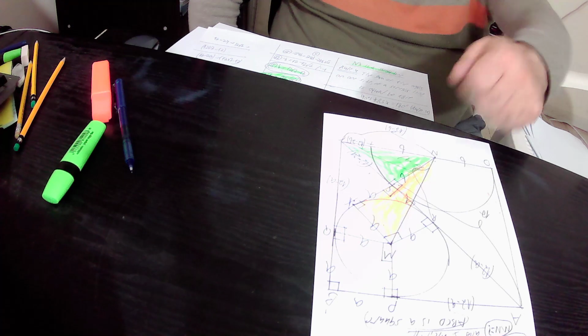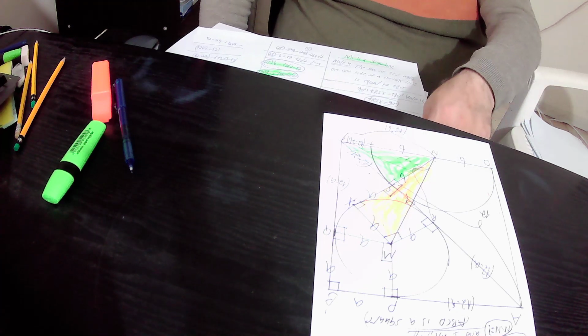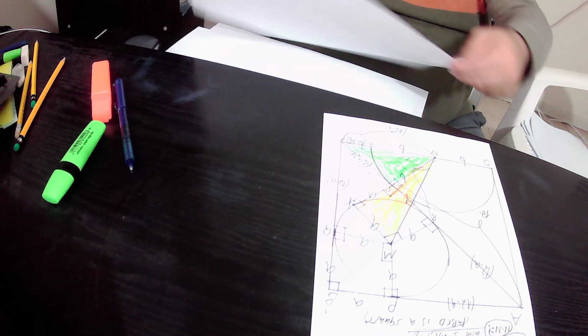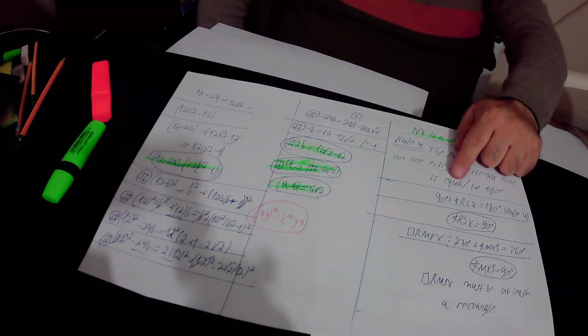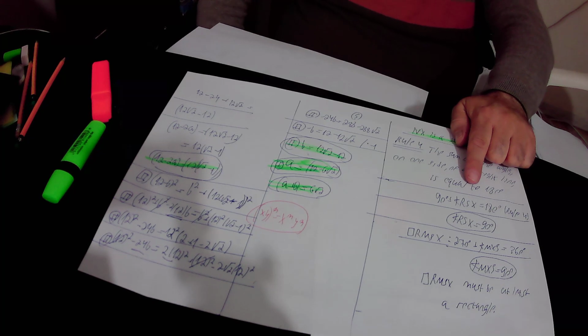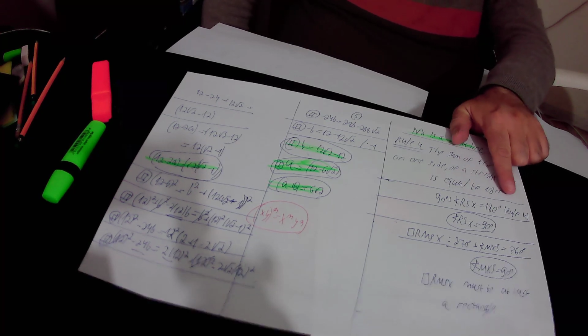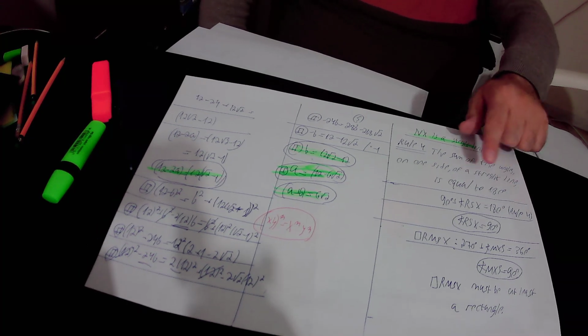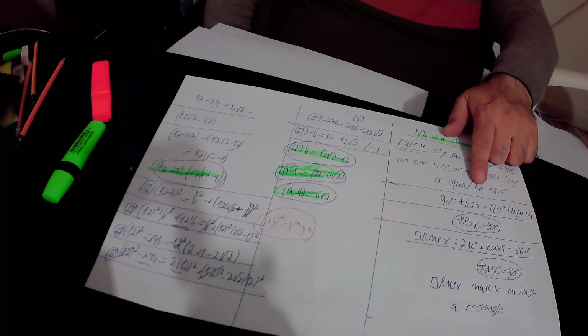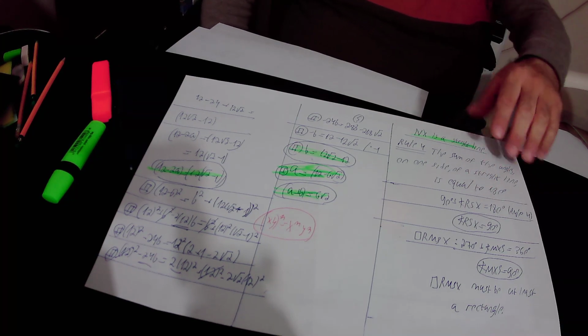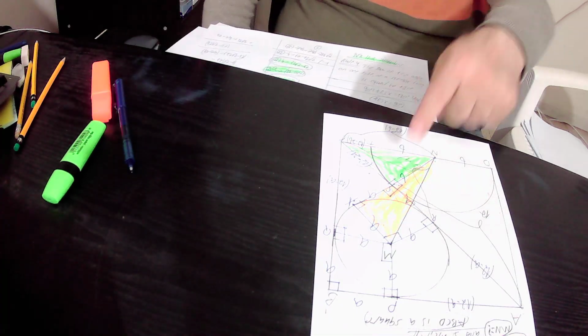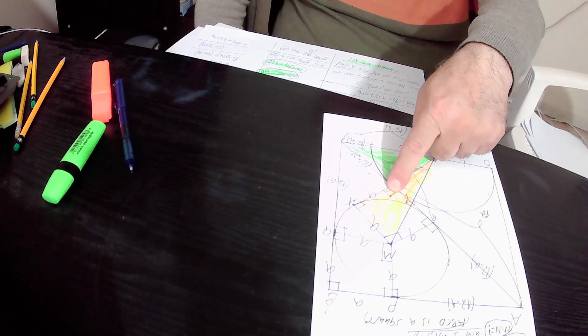So 90 degrees plus the size of angle RSX must be equal to 180 degrees according to rule number 4. We subtracted 90 degrees from this equation and we got that angle RSX equals 180 degrees minus 90 degrees, which is 90 degrees. So we found out that this angle RSX is the right angle, it equals 90 degrees.